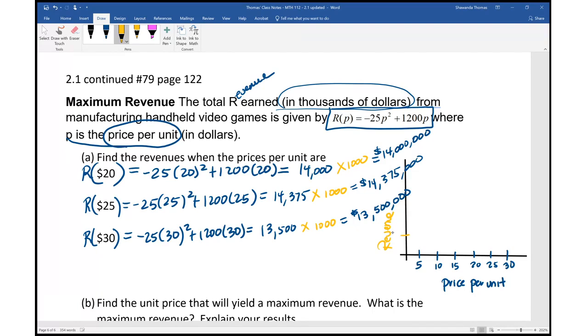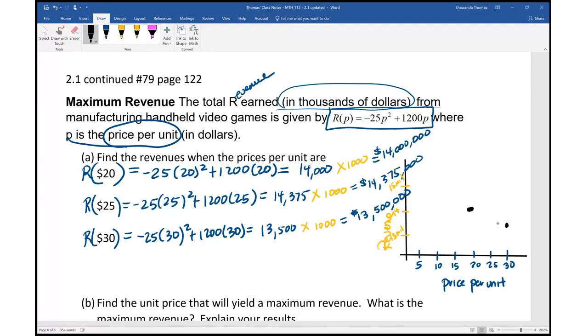So 13 mil, 14 mil, 15 mil. Then if we try to plot some points, we know at 20, it was doing something like 14 right here. But at 30, it was starting to go down.